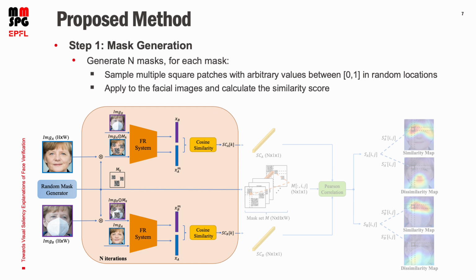For each mask, we sample multiple square patches with arbitrary values between 0 and 1 and in random locations. And during each iteration, we apply the generated mask to the facial image and calculate the similarity score. The list of masks and the similarity scores after each iteration are collected for the next step.